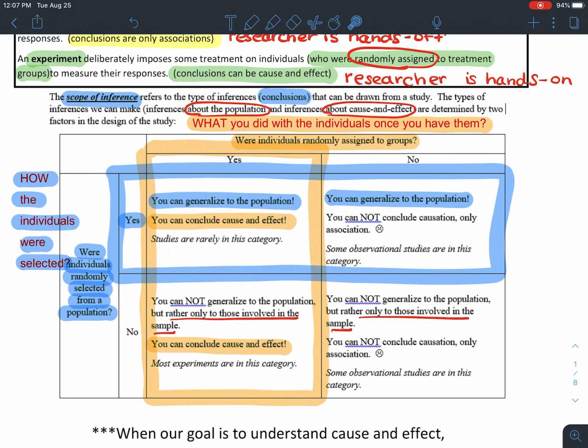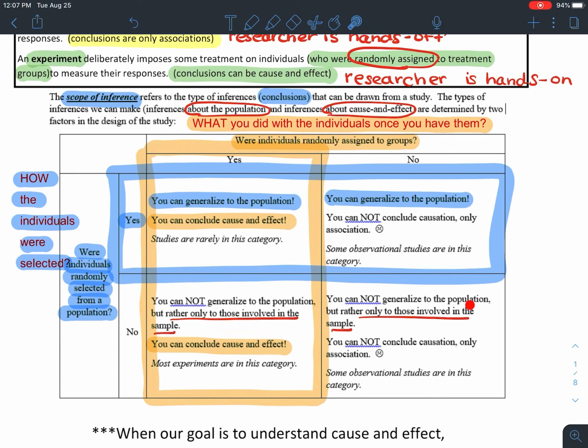Generally, experiments are when you're randomly assigning people treatments, but maybe the people were volunteers. And observational studies are when you gathered people randomly, but then you were not randomly assigning treatments.